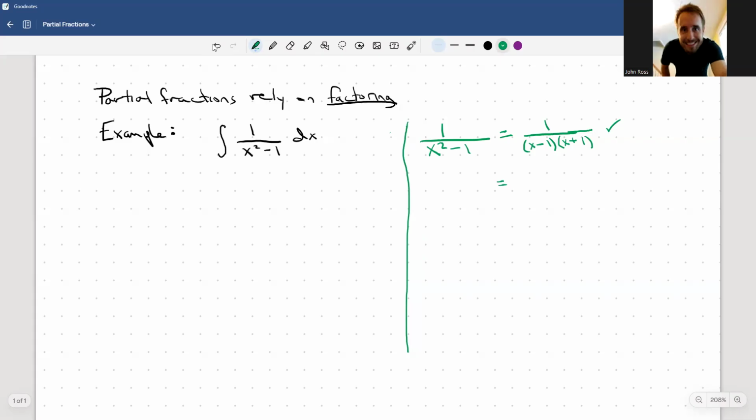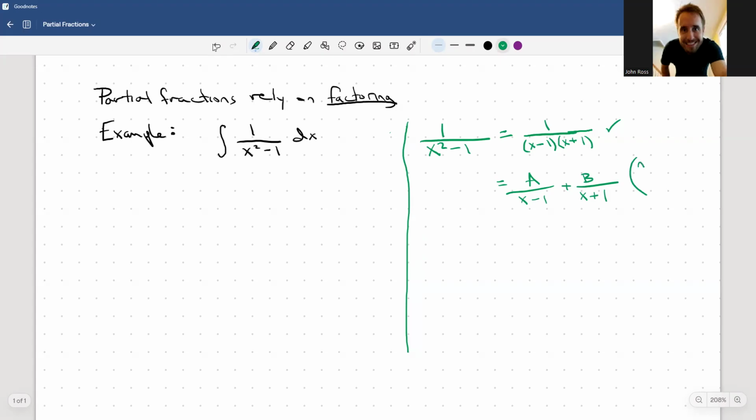But what I can do, and what I'm going to try to do, is to rewrite this as some number A over x minus 1 plus some other number B over x plus 1. So my goal here is to rewrite the rational expression up above as a constant over that first term, the x minus 1, plus another constant over that second term.